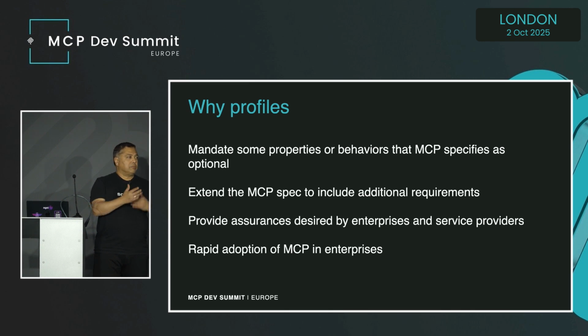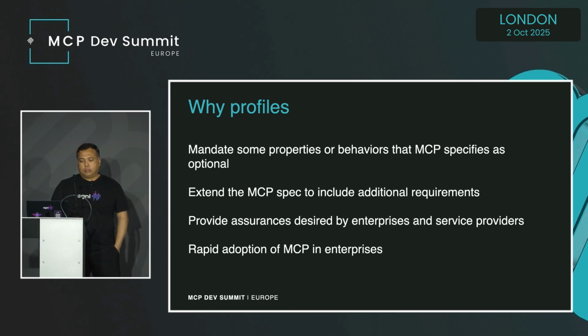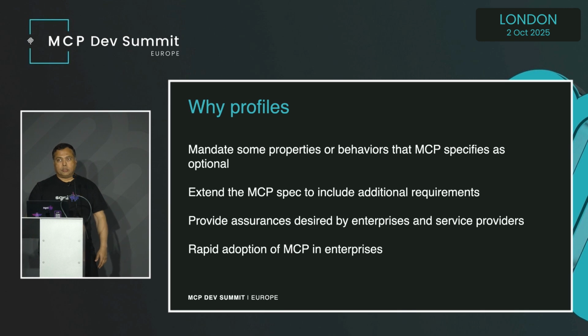That's something that the MCP standard doesn't even talk about, but you might want that in a profile. And so how can these enterprises and service providers get these kinds of assurances without having to burden the whole community? We believe that something like this will unlock the rapid adoption of MCP in the enterprise, and that's why this is interesting to all of us.